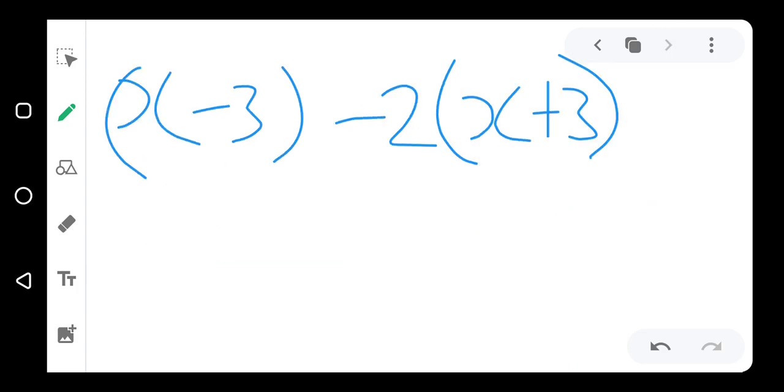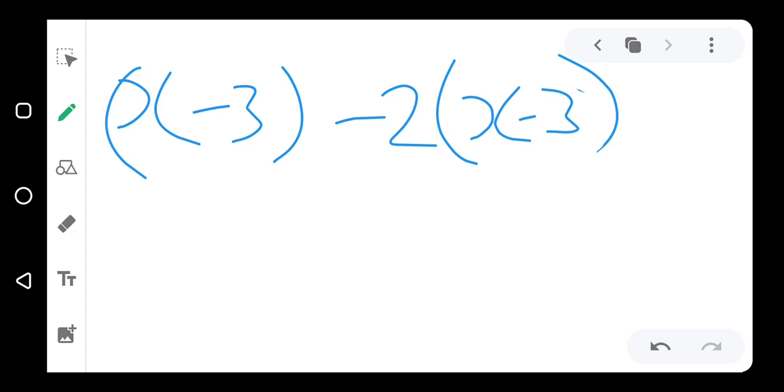So this is very tricky. So we have to be very careful.